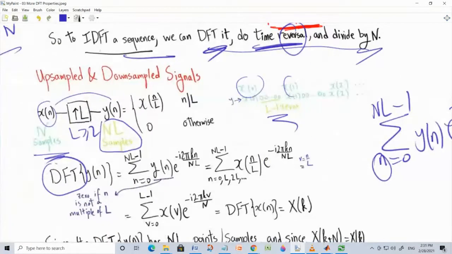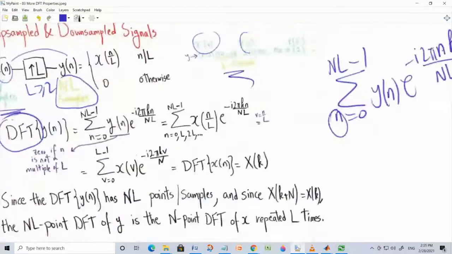Very important, because now again you have NL samples, or like people in DSP typically call those guys, points. So you hear people saying that we need here to take the NL point DFT because we have NL samples. Yes, most of them are zeros, but a 0 is a 0. I mean, it's something to be respected. 0 does not mean nothing in some sense.